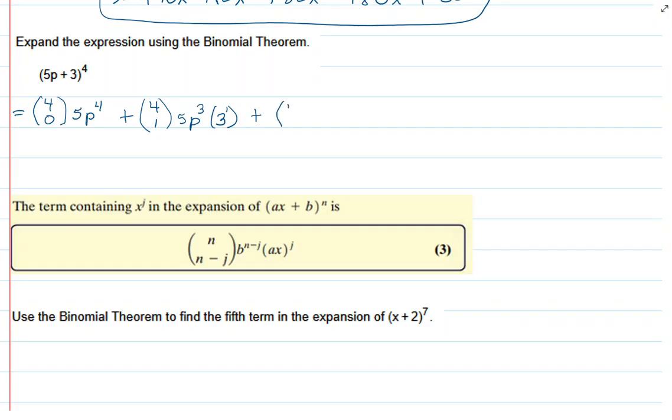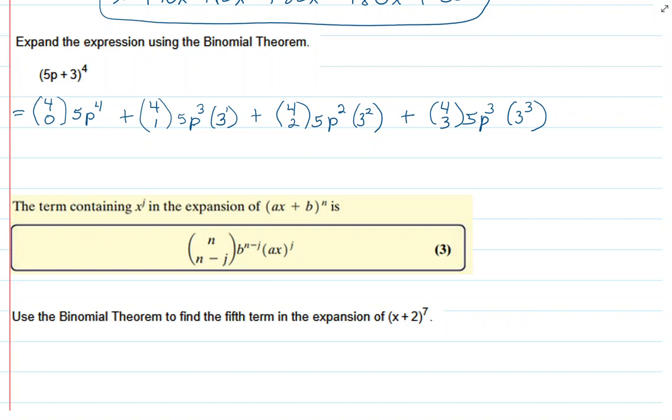Plus 4, 2, 5p squared, and 3 squared. Is everybody okay? All right. Plus 4, 3, 5p to the 3, 3 to the 3.